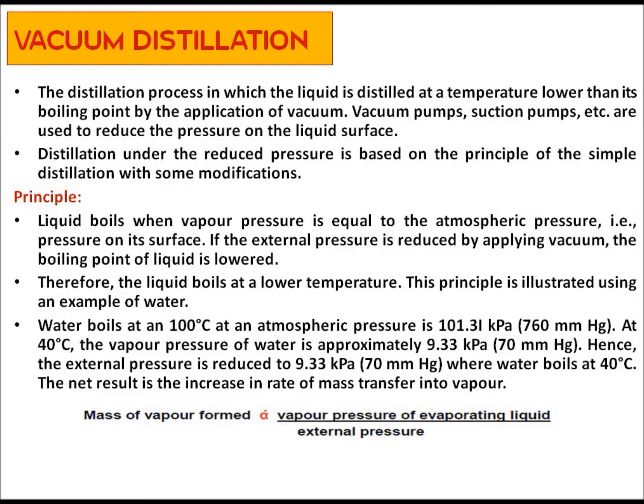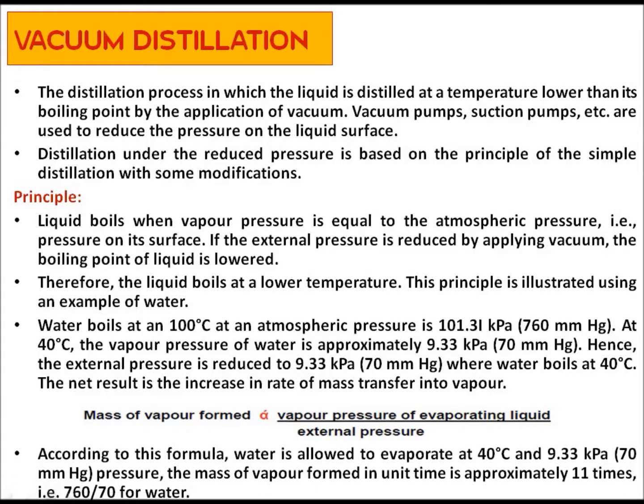The mass of the vapor which is formed is found to be directly proportional to the vapor pressure of the evaporating liquid. The mass, or amount, of the vapor which has been formed is directly proportional to the vapor pressure of the evaporating liquid divided by the external pressure. So here in this case, according to this formula, the water is allowed to evaporate at 40 degrees centigrade, as we have brought down the pressure to 70 mmHg.